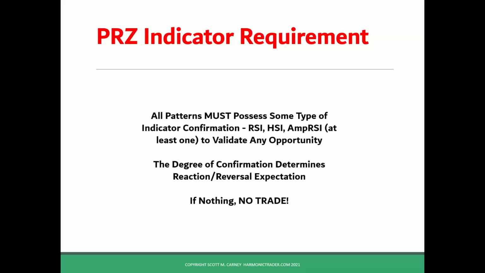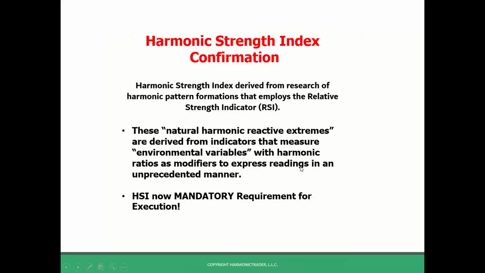And simply, there's just too much going on for us not to at least have one indicator with us. So let's start with HSI, the harmonic strength index. How that came about for me was from all of the work I did with RSI.